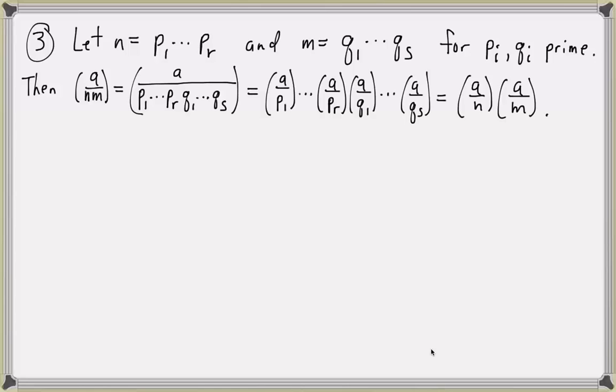Now property 4 is a little more involved. So let n equal p1 up to pr, the product of the p's.